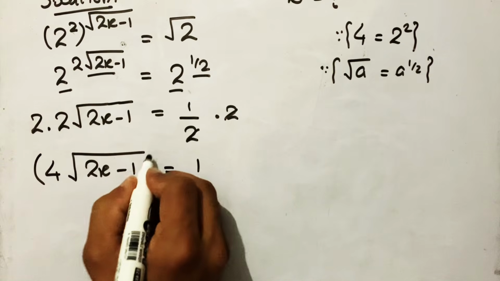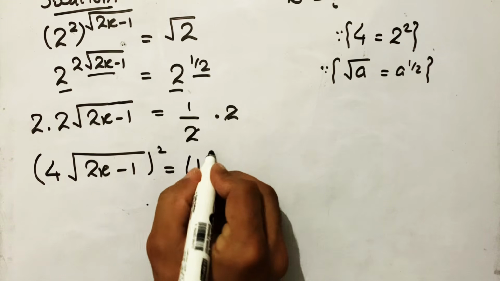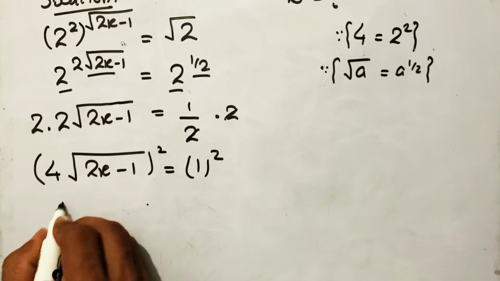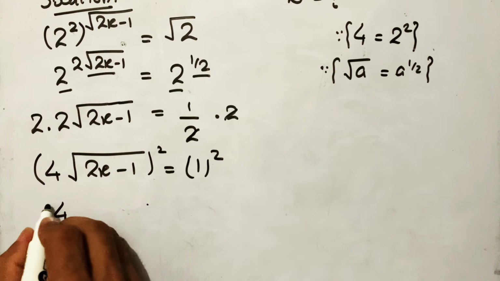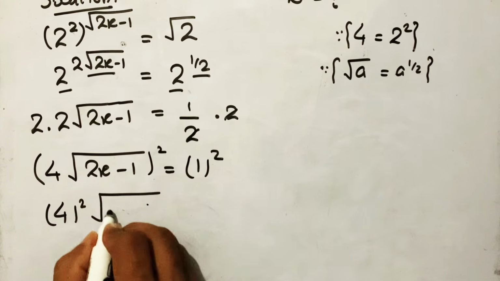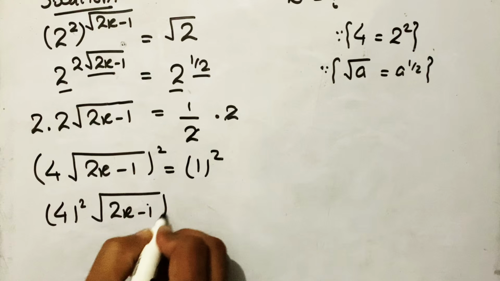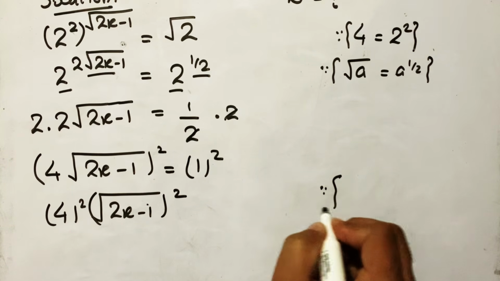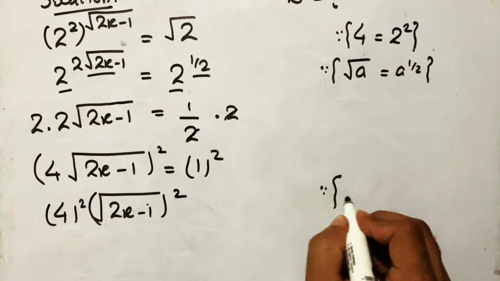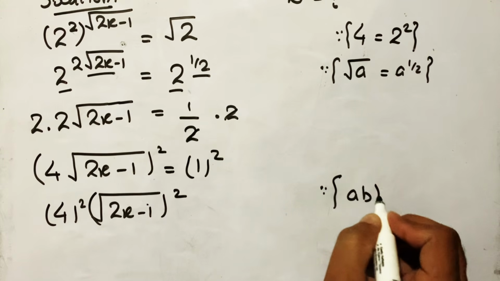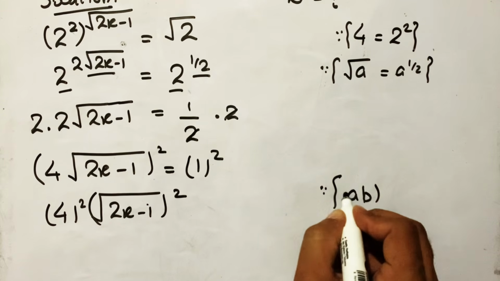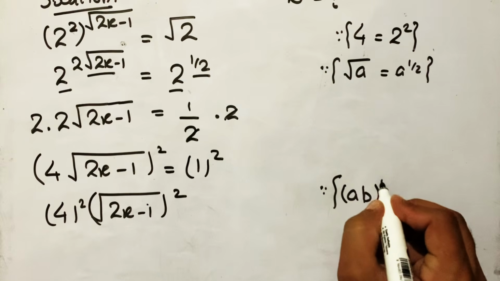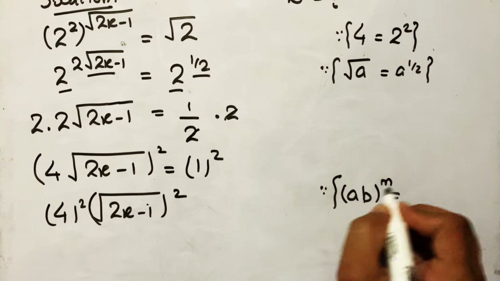Both sides squaring. If we take both sides squaring, 4 square root of 2x minus 1, whole square.